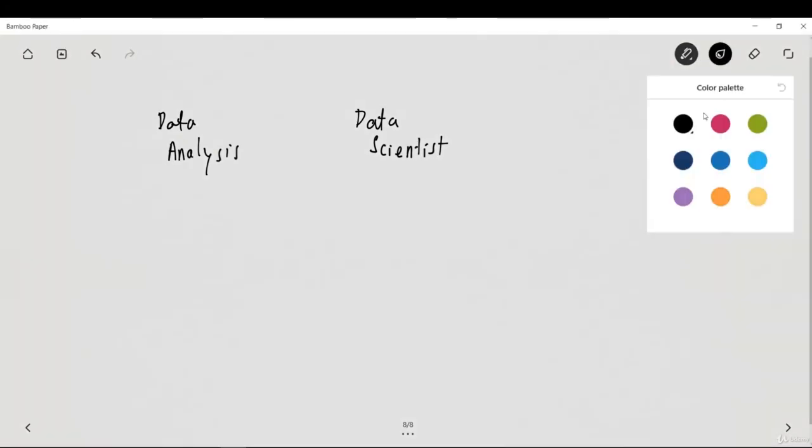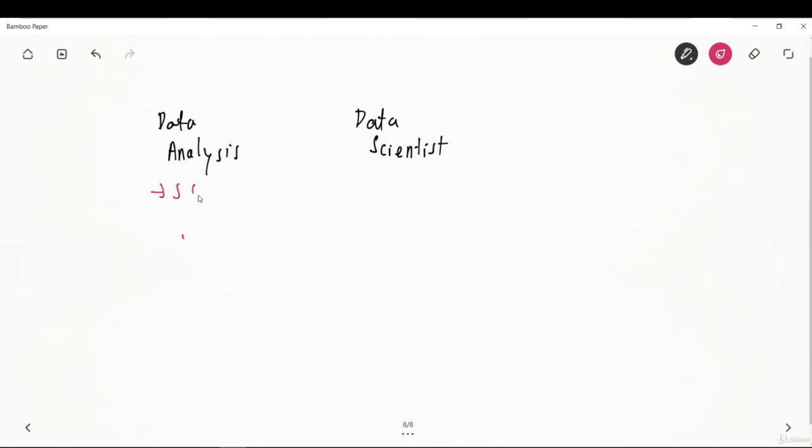What is the difference between a data analyst and a data scientist? So typically the data analyst will be using tools such as SQL. They will be writing in the SQL programming language or some other tools they can use. They usually use some BI packages, business intelligence packages. They find some intermediate statistics.